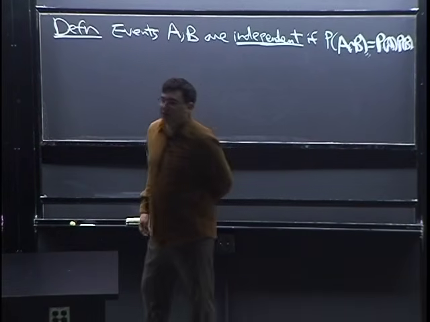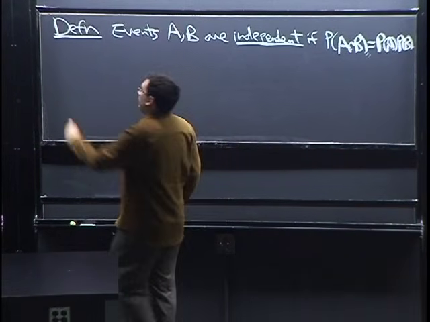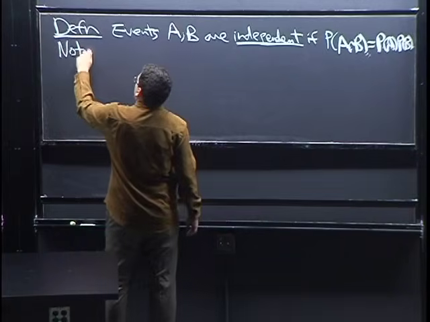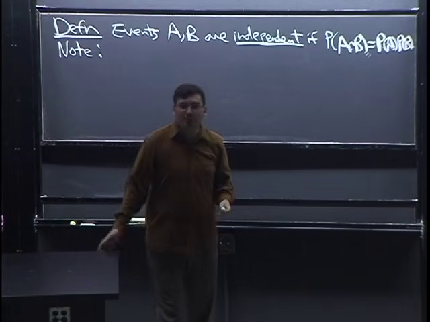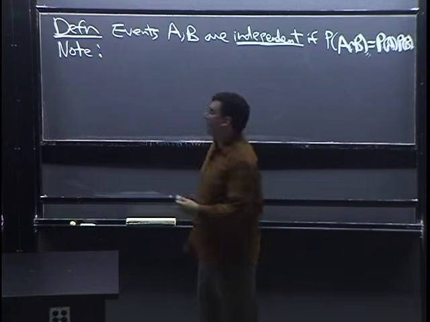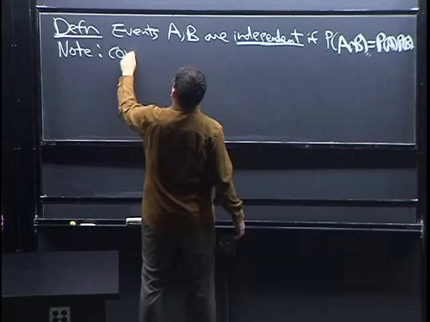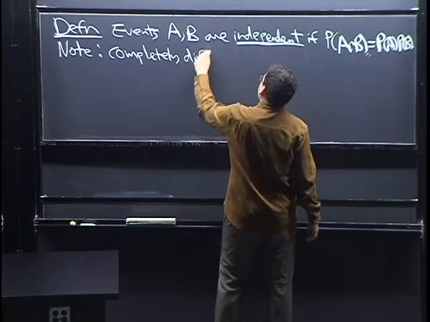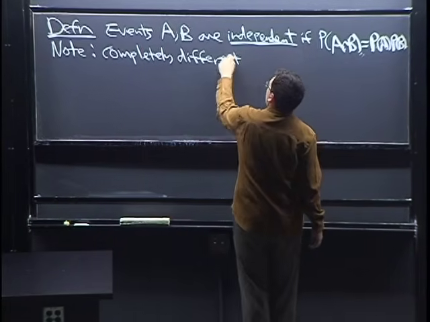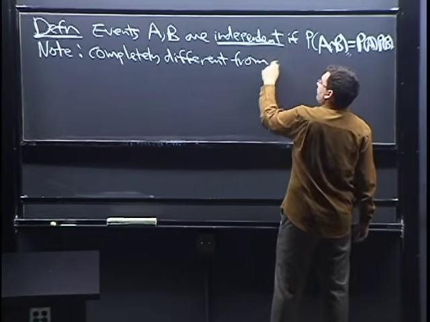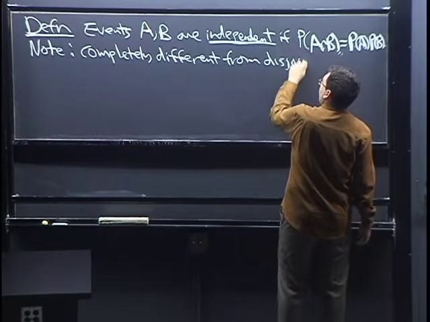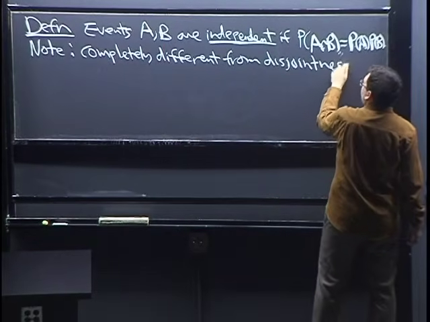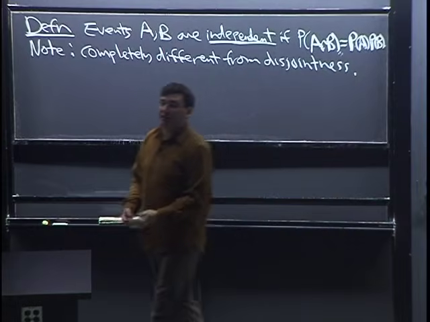I want to contrast this with disjoint, because that's a common mistake, and that's a terrible, disastrous blunder. This is completely different from disjointness. If I say that A and B are disjoint, that means that if A occurred, then B cannot possibly occur, right?